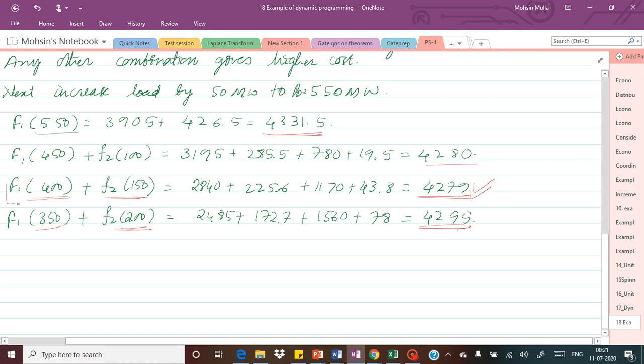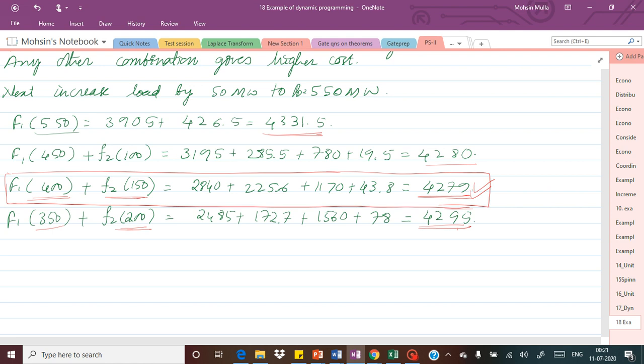So we find from this analysis that the loading on unit 1 should be 400 megawatt and the loading on the second unit should be 150 megawatt if the total demand is 550 megawatt. So this combination is going to give us the minimum cost. Therefore F1 400 and F2 150 for 550.